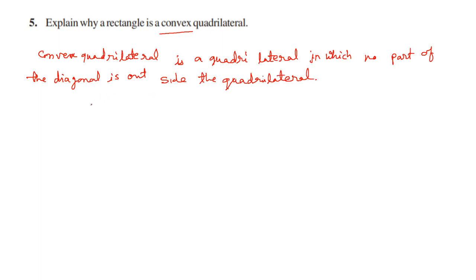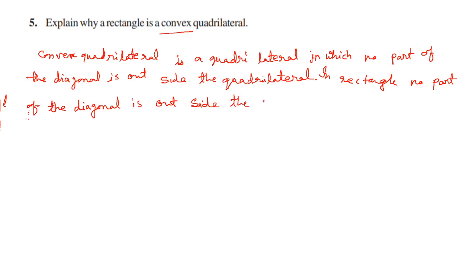So explain why a rectangle is a convex quadrilateral. In a rectangle, no part of the diagonal is outside the quadrilateral, outside the rectangle.